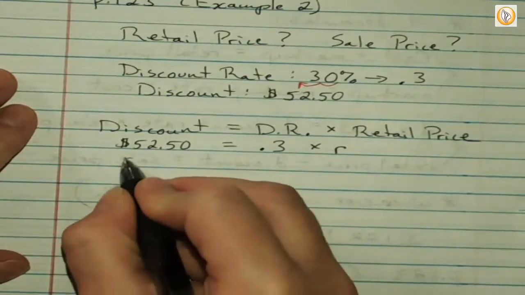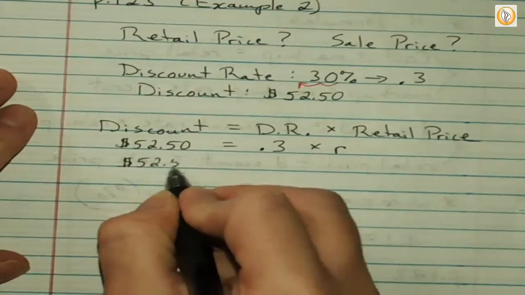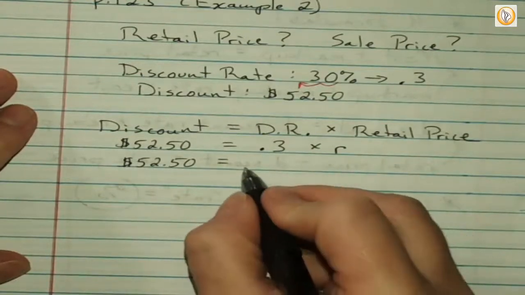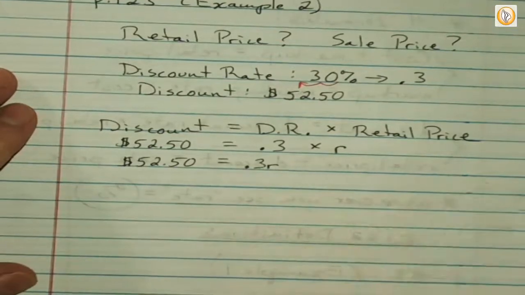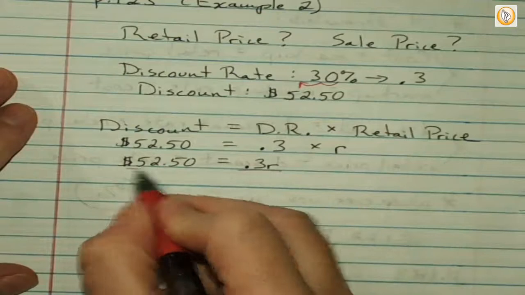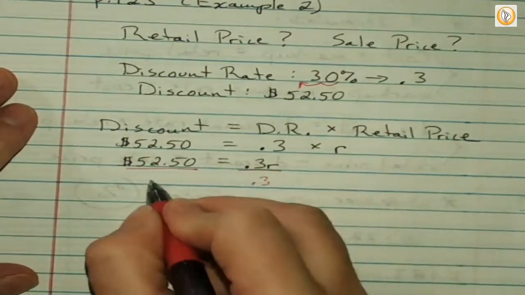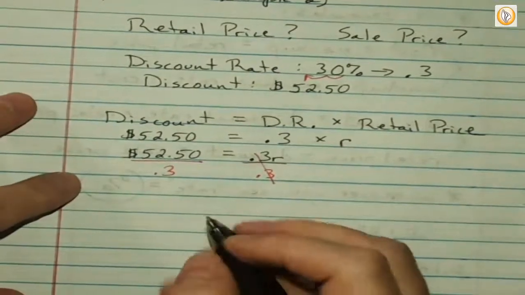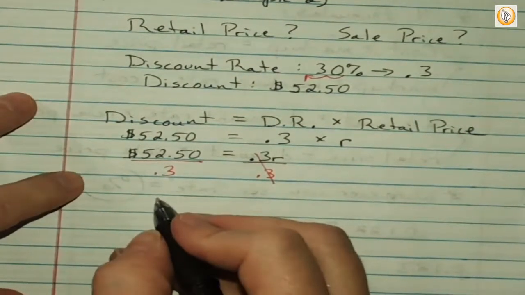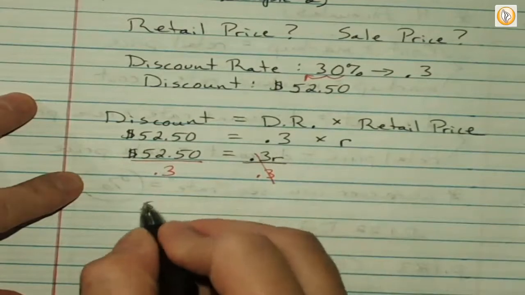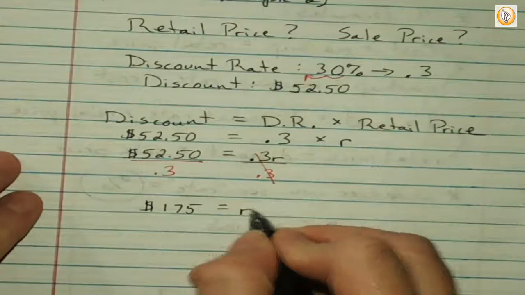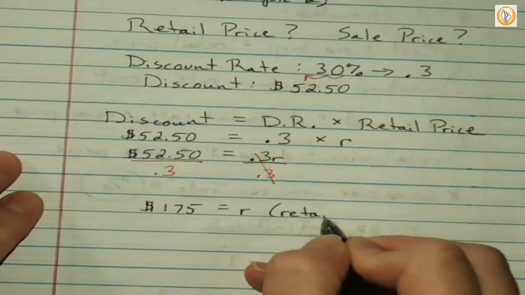So I'm going to rewrite this. 52.50 equals 0.3R. Now, intruder alert, we divide both sides by 0.3. And I'm left with $175 equals R, which is the retail price.